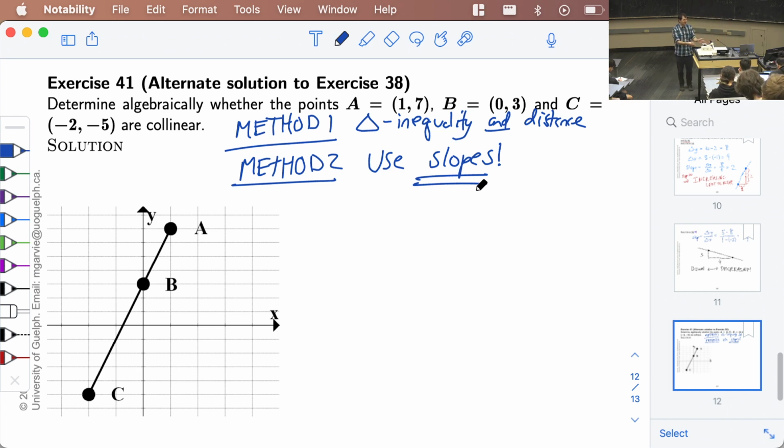So I'm going to give you guys 2 minutes to chat with your neighbors if you want, or just think about it. How would you use slope to tell if the points are collinear or not? Of course, we already know the answer here, but pretend you didn't know the answer. How would you use slope to calculate? So take 2 minutes, think, and then we'll have some discussion about what the answer is.